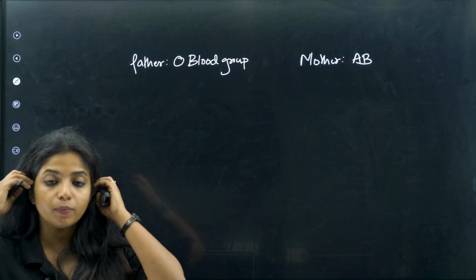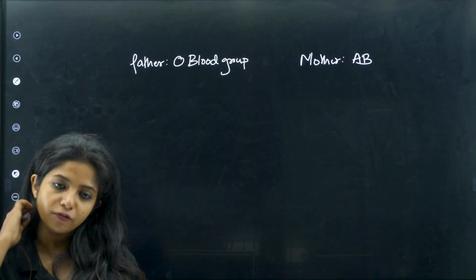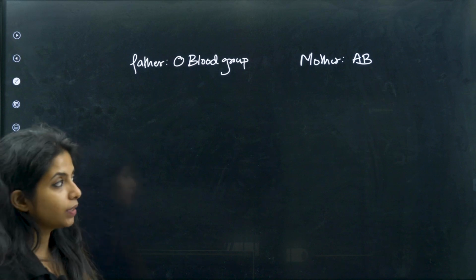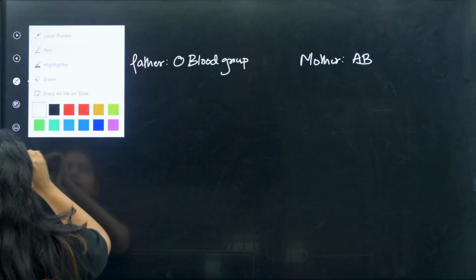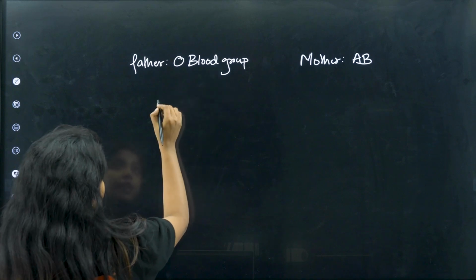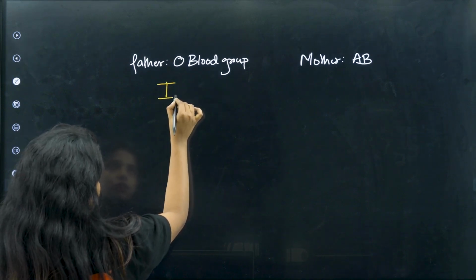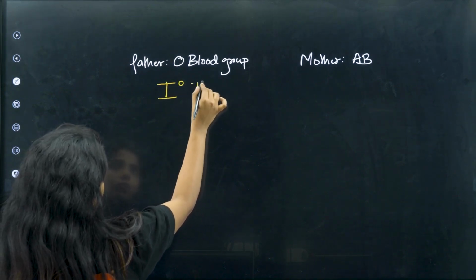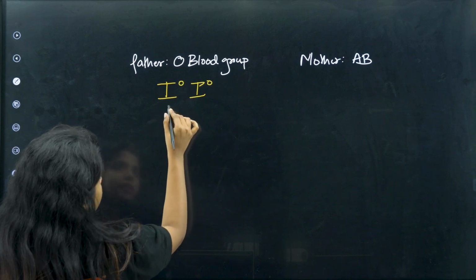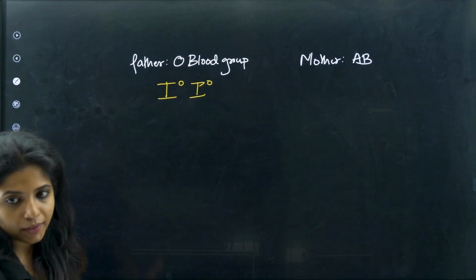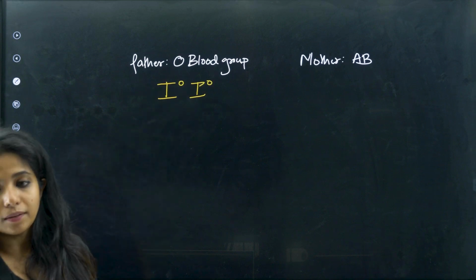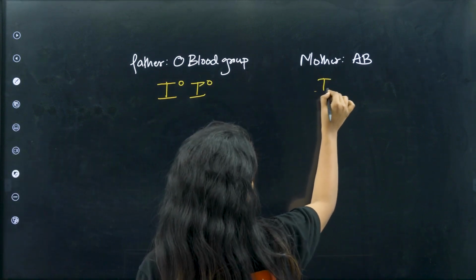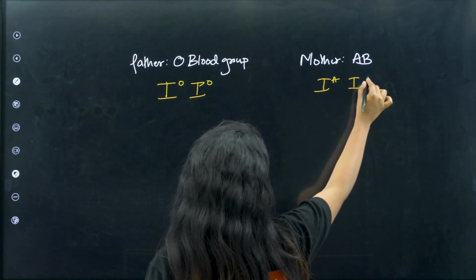That is, what are the possible blood groups of the children which would be formed? Can you tell me the answer? For father to be O, what should be the genotype? Should be IO, or basically just small i. I'm writing IO. For a mother to be AB, it should be IA and IB.